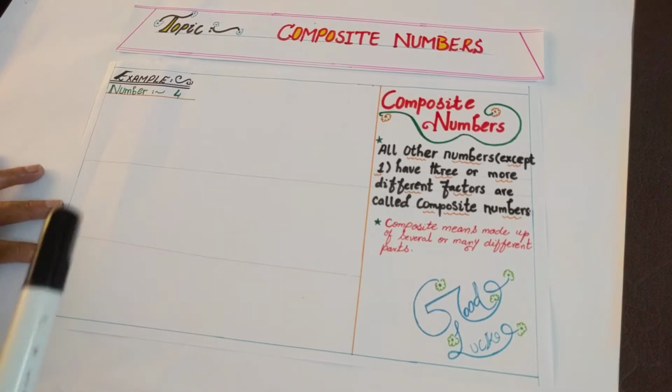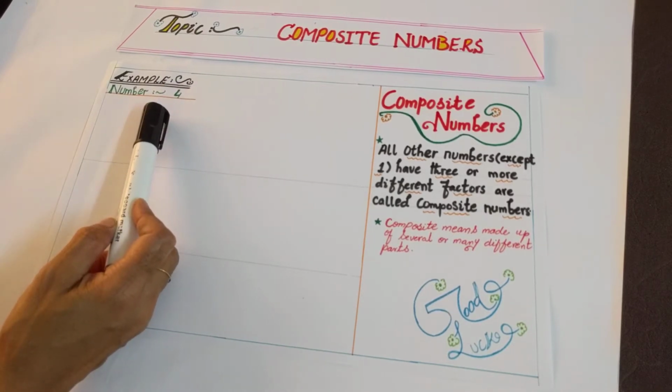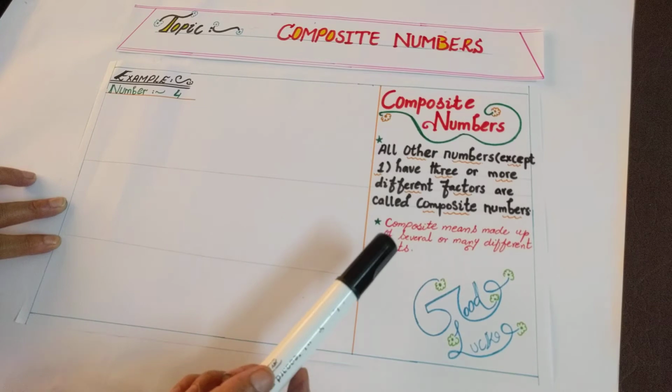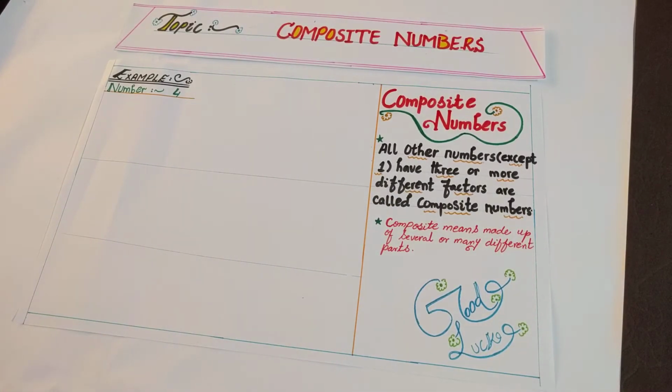When we check whether a number is composite or not, you should know about the factors, because as we are using the word different factors, in the previous lecture I told you about the factors. Factors are actually the numbers which divide the given number exactly, leaving no remainder.